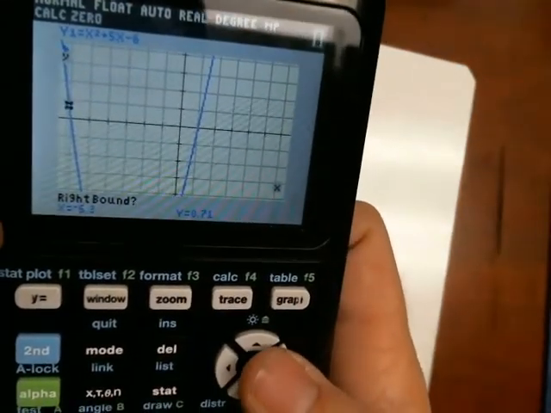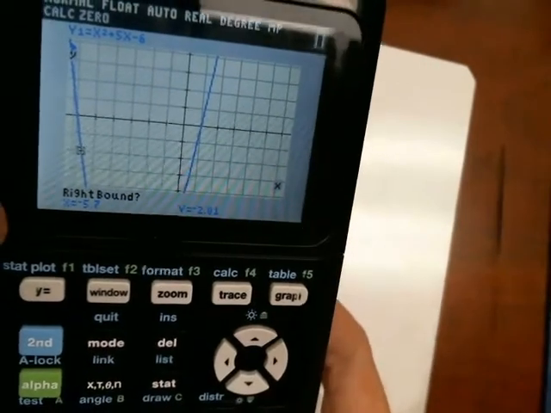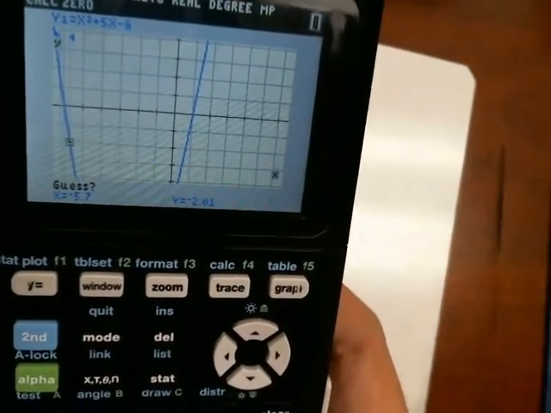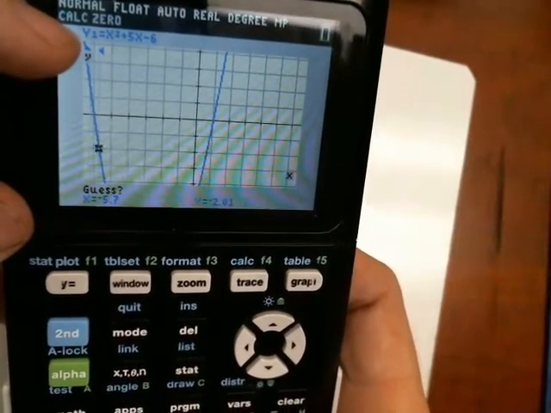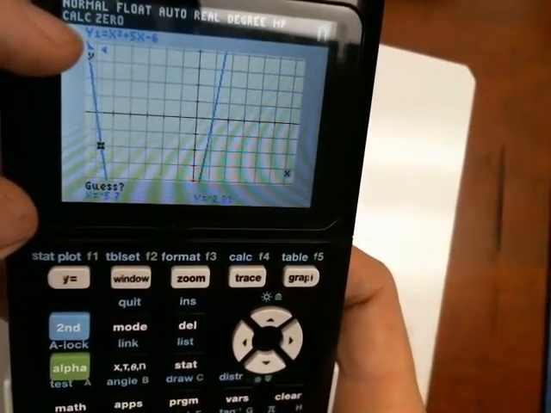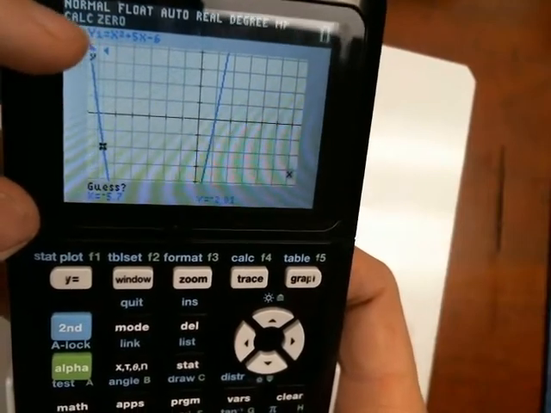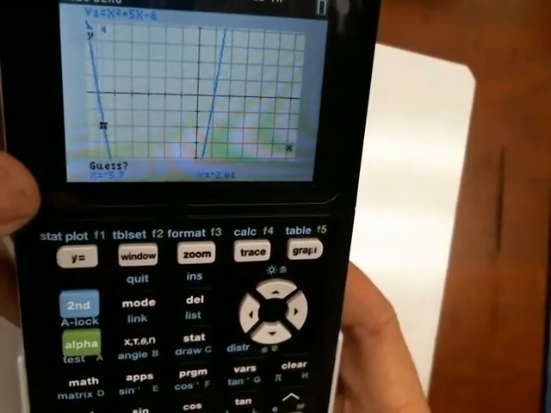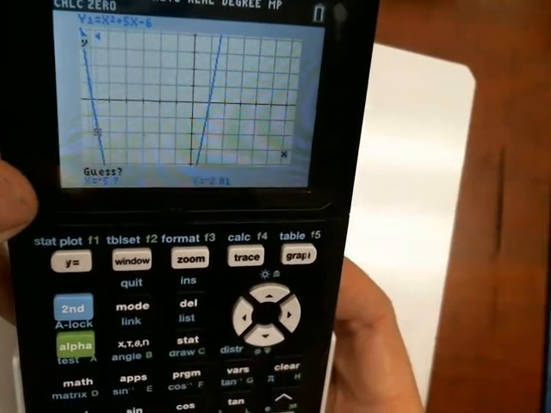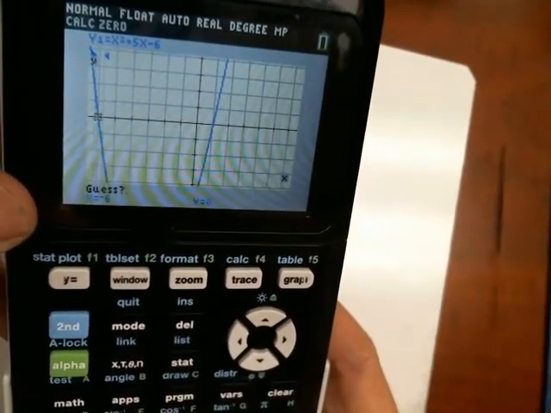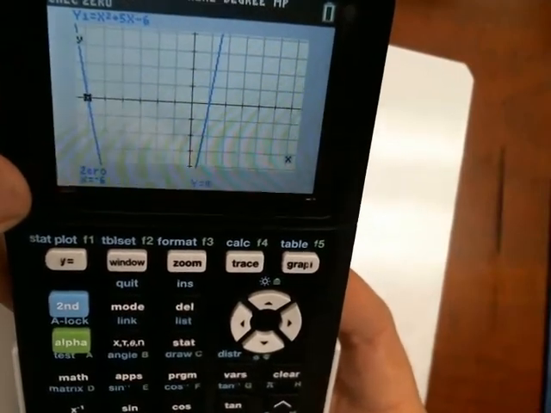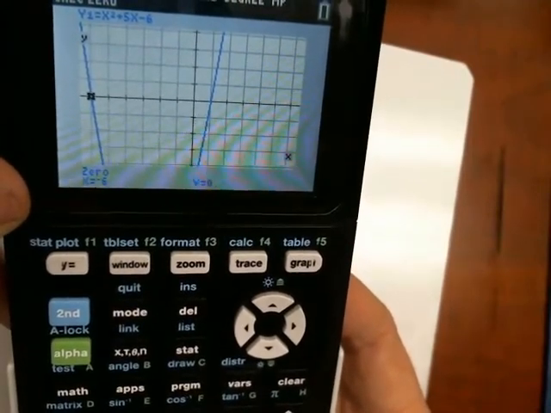And then it asks for right bound. I'll go a little bit to the right of where it crosses and hit that. You can see at the top it has these arrows and some little lines. So I'm asking the calculator to look between this value for x and that value for x for where the answer is 0. It says guess, and usually they want you to move your cursor close to the intersection point, but you can hit enter and it'll say the zero is at x is -6.